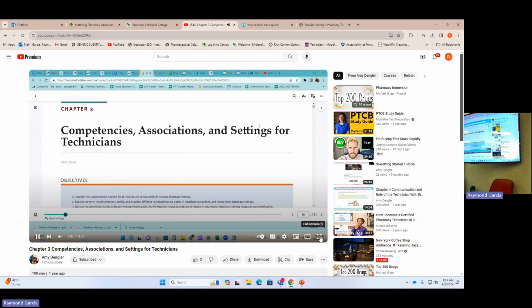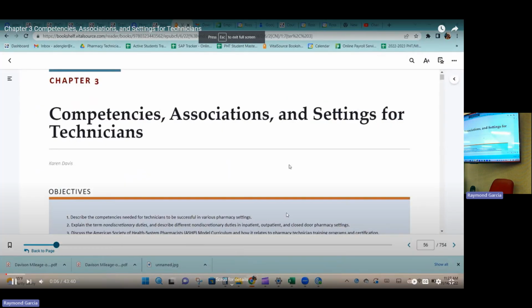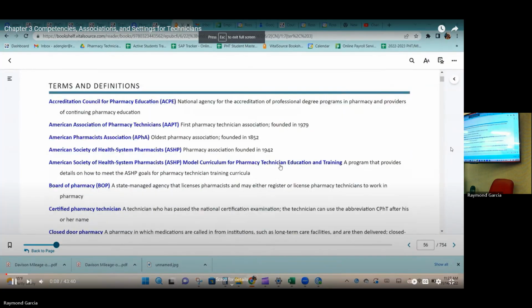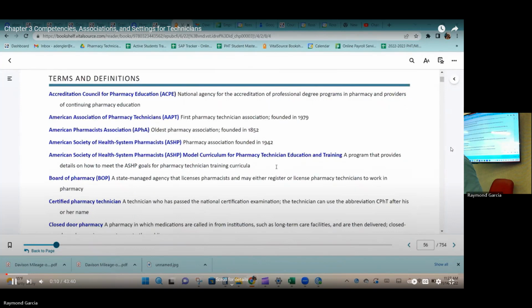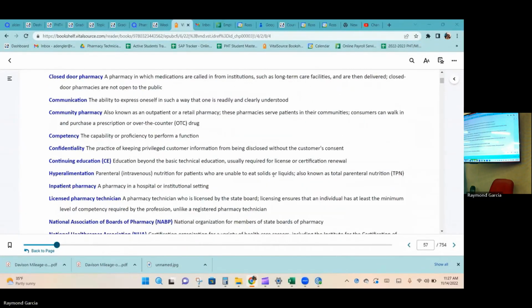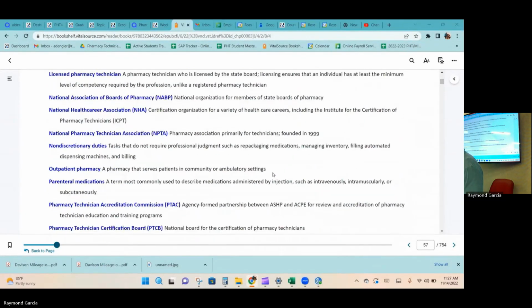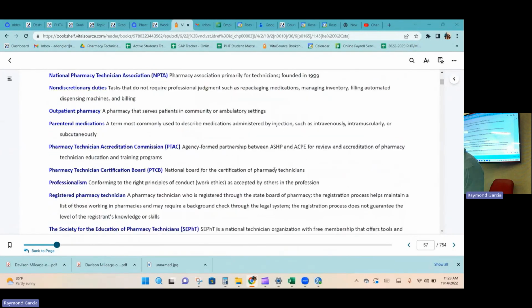Chapter 3, Competencies, Associations, and Settings for Technicians. Quite a few terms and definitions, but we will cover them throughout the chapter.